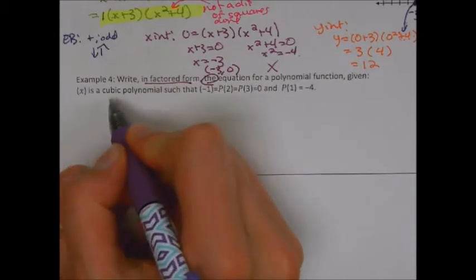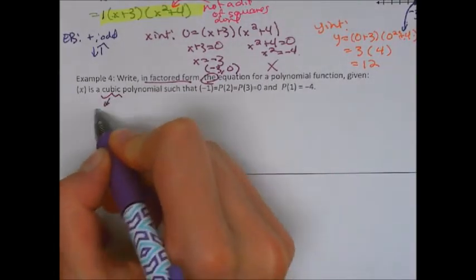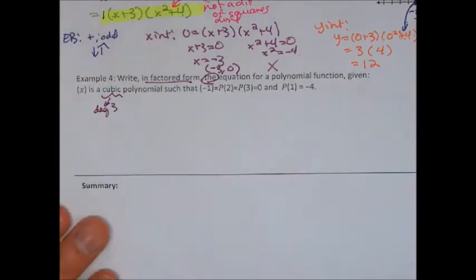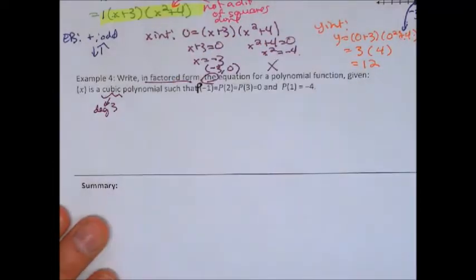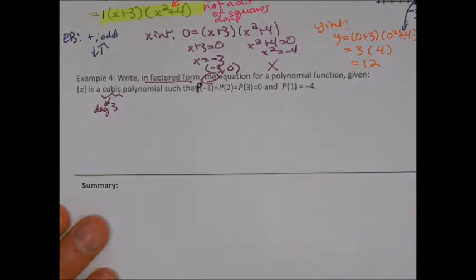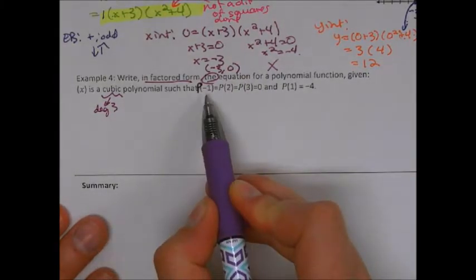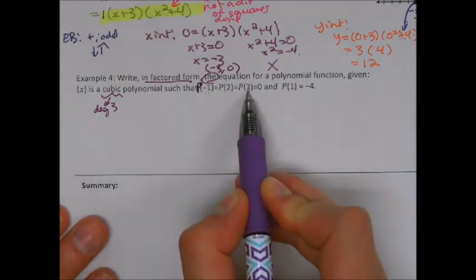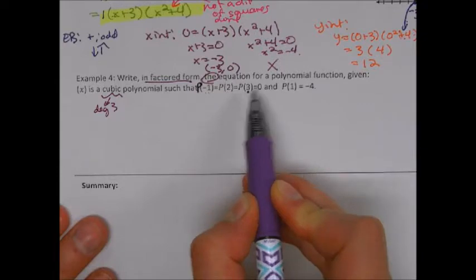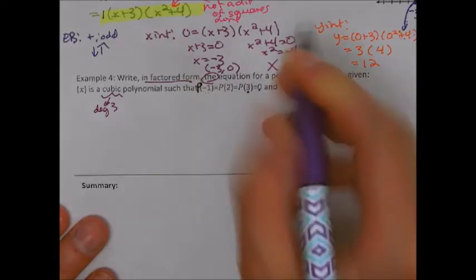We're a cubic, so my degree is 3, such that, I think there's supposed to be a P right here, P of negative 1 equals P of 2 equals P of 3 equals 0. Just a reminder of this notation: all of these are x values when y equals 0.